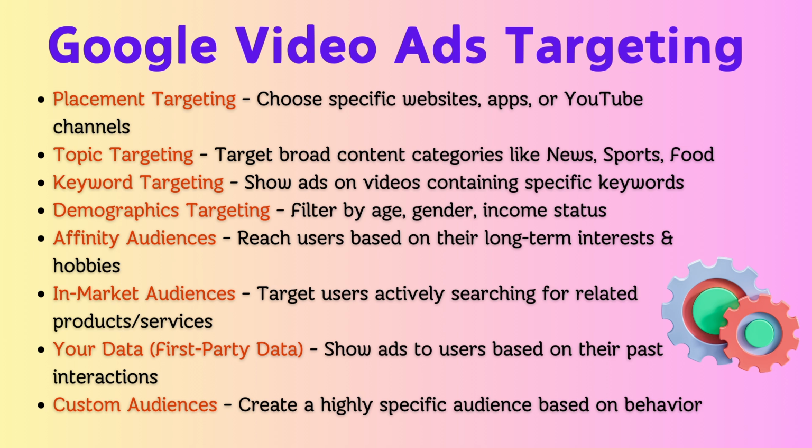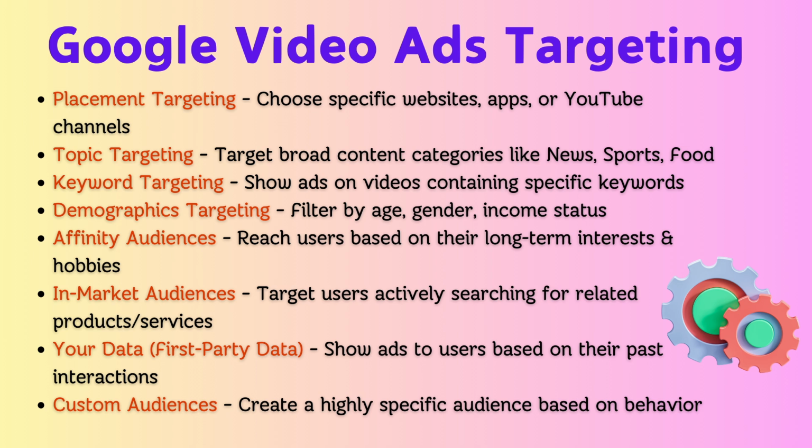The next one is topic targeting. In this we have general categories of topics like news, sports, food and beverages, and many more. We select which category we want, and we publish the ad there. The next one is keyword targeting.